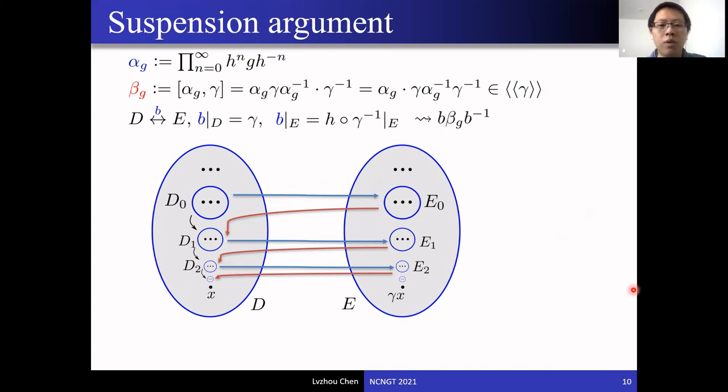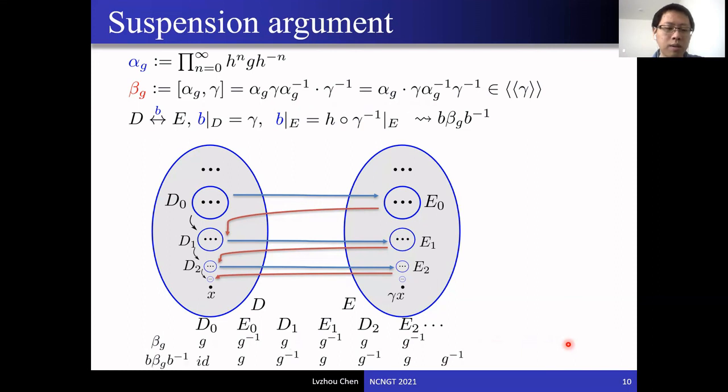And now we consider the conjugate of beta G by B. So here's an illustration. As I mentioned earlier, beta G applies G or G inverse to Ei and Di in an alternating way when we list the disks in this sequence. And the mapping class B shifts this sequence of disks to the right by 1 unit.